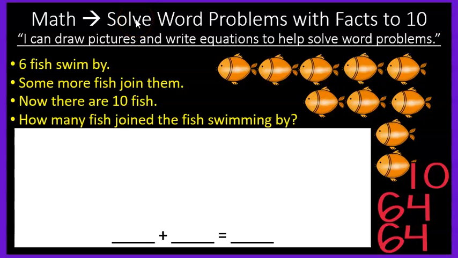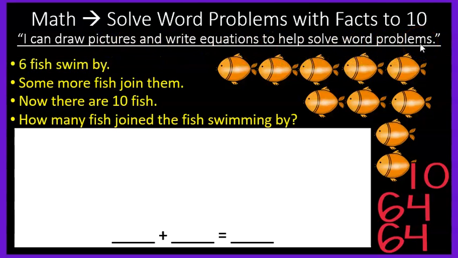Now, it is very important at your grade level that you start working with word problems because as you go up in grade level, especially when you get into high school, college, you're going to be faced with word problems, okay? So, right here is our I can statement, okay?